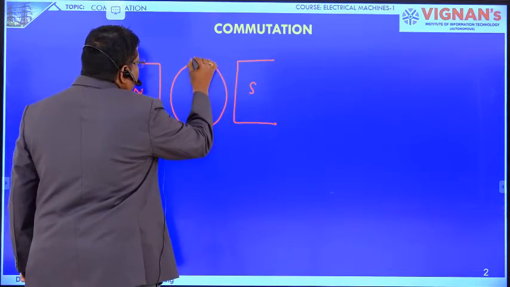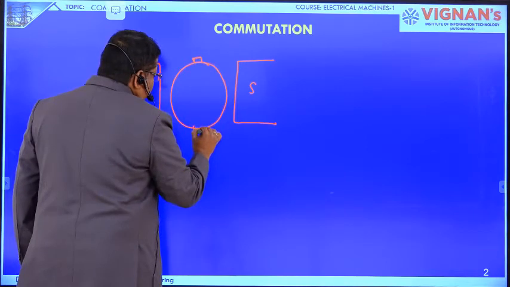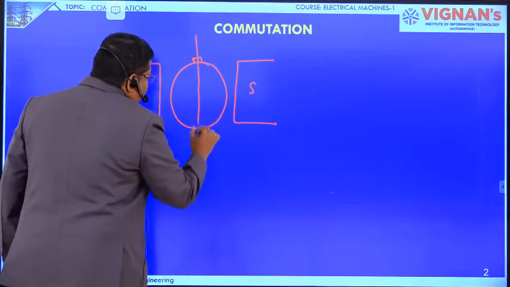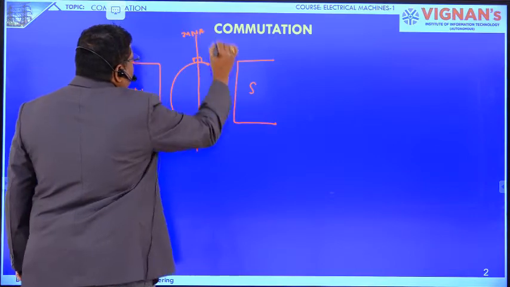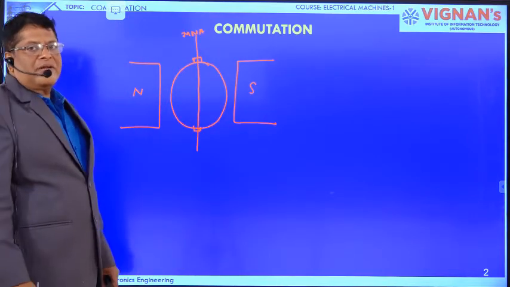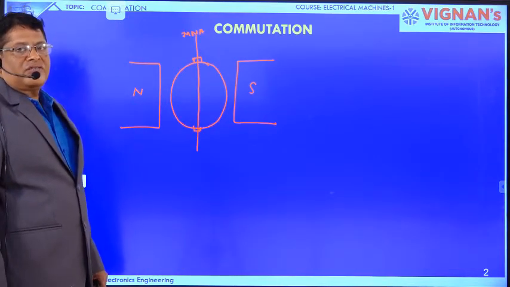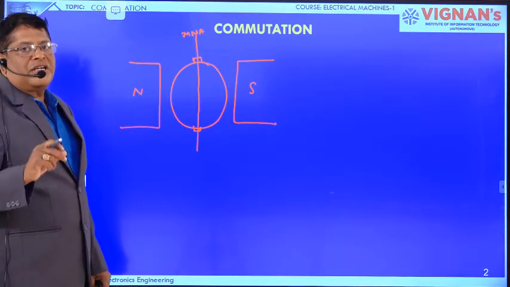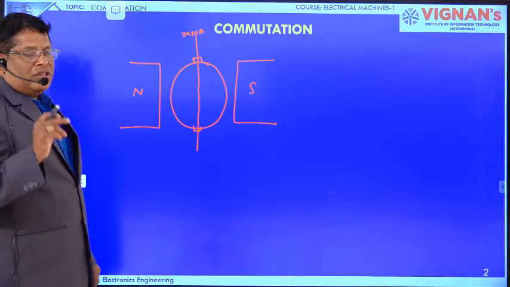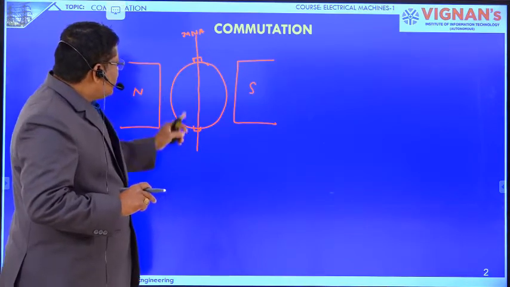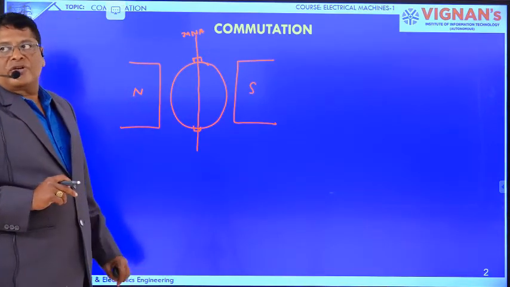On the armature, the brushes are there at the magnetic neutral axis, MNA. Generally, the brushes are placed on the magnetic neutral axis, where the voltage induced in a coil is 0. That's why we call this axis the magnetically neutral axis.